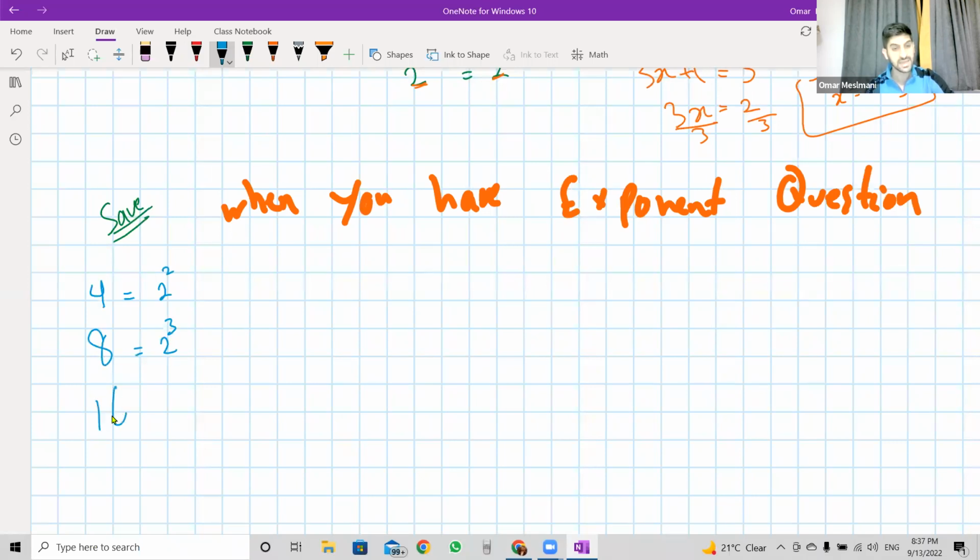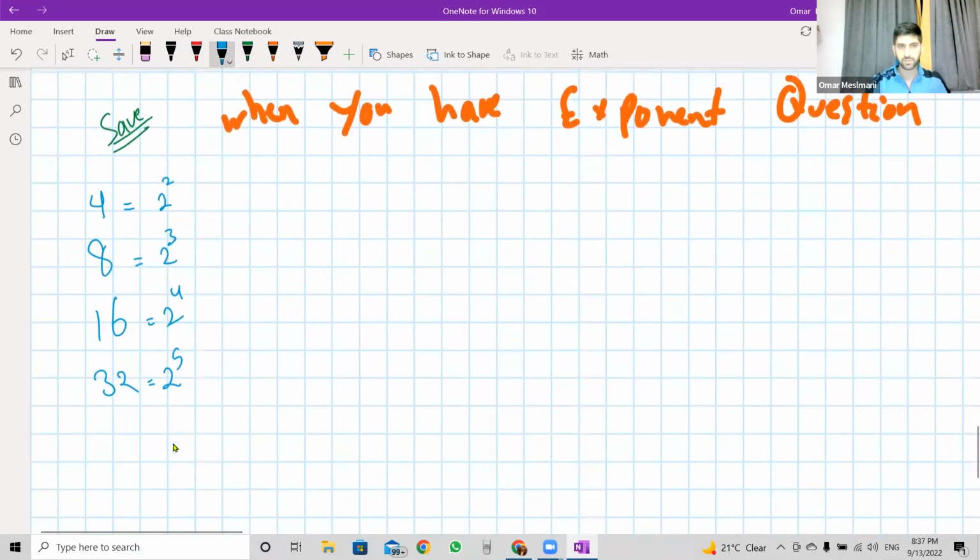If you see a 16, the easiest thing to do is change the numbers into powers. These ones I guess you know: 16 is 2 power 4, 32 is 2 power 5. They like the 2 so much, so they will ask a lot of 2. 64 is 2 power 6.